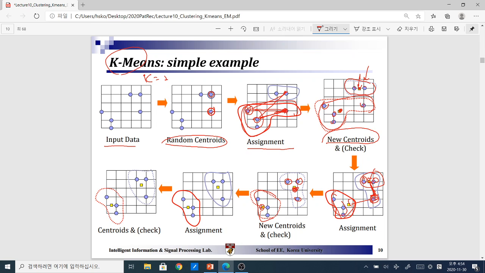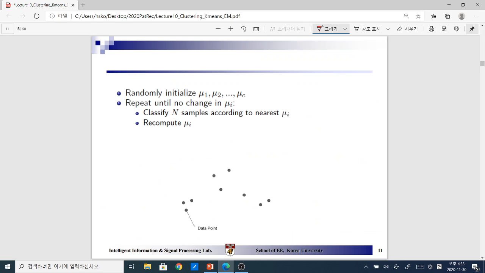And so we compute this assignment and updating of the centroid on and on, until, as you can see, the centroid's location doesn't seem to be changing very much. So this becomes the converged centroids. So this is how k-means works, which is a rather simple process.